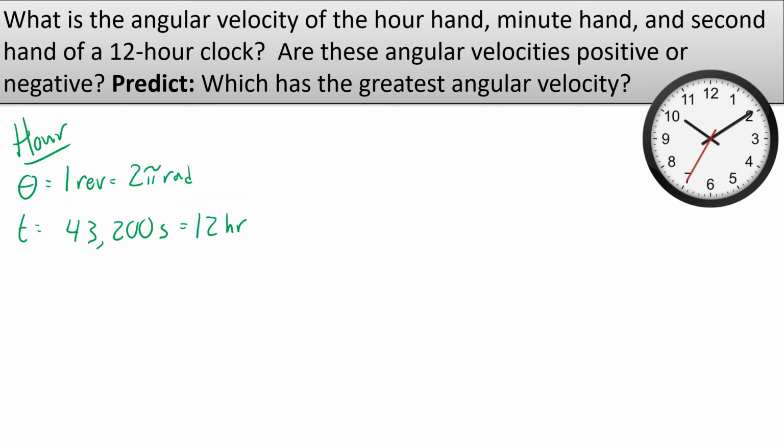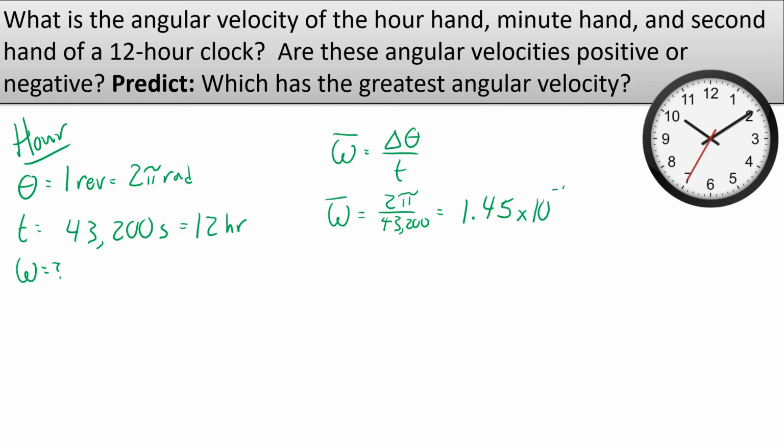So then what would the angular velocity be? The angular velocity is equal to the change in the angular displacement with respect to time. So this angular velocity, and this is technically the average angular velocity, is 2 pi divided by 43,200, and you get about 1.45 times 10 to the negative 4.